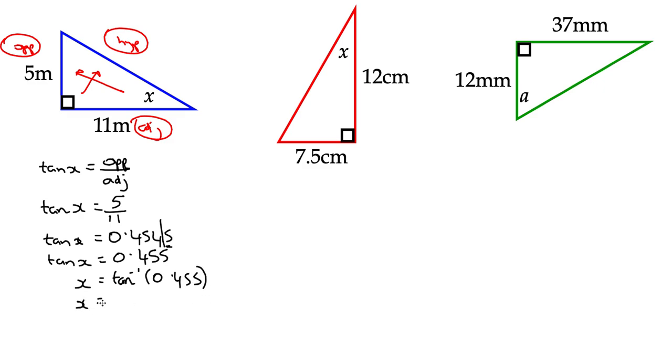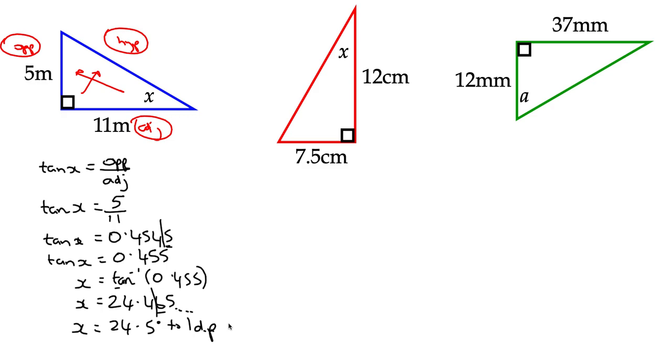Take my calculator, shift tan, 0.455 equals 24.465, and so on. I just want to round it to 1 decimal place, so I'll cut it after the 4. 6 tells me to round up, so I've got 24.5 degrees to 1 decimal place.